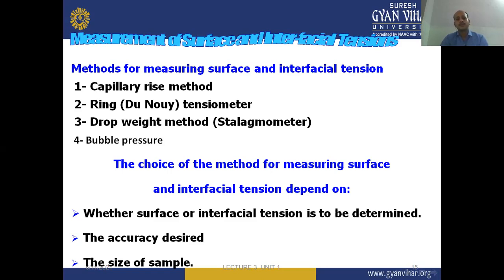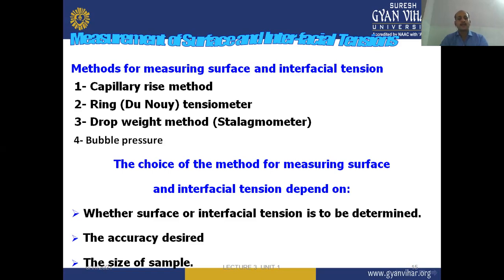So the choice of the method for measurement or determination of surface and interfacial tension depends on these factors. So the following factors: whether surface or interfacial tension is to be determined. So it depends on which type of surface tension or interfacial tension we have to determine. So we can select the particular method for superficial as well as for interfacial tension.